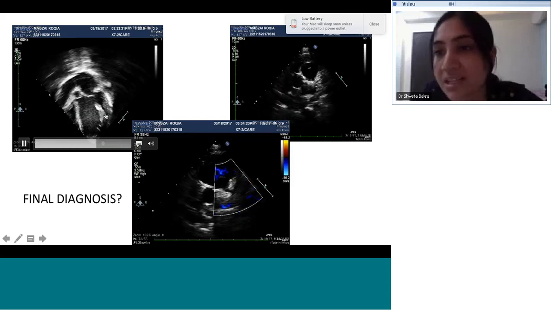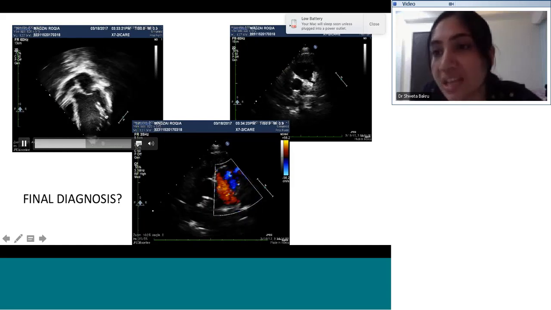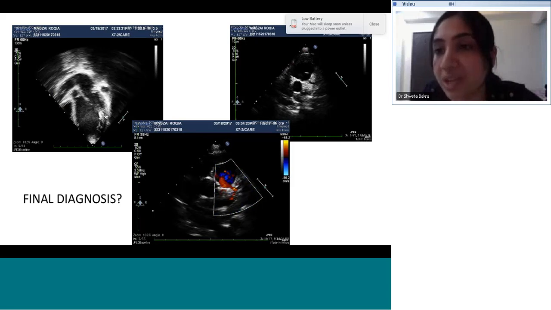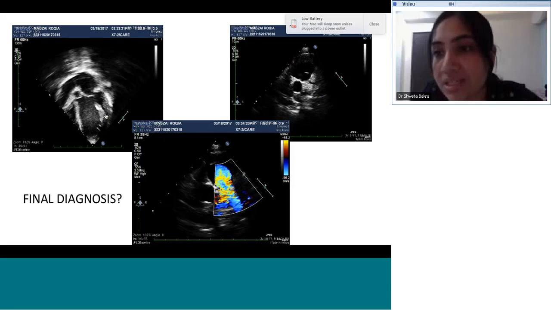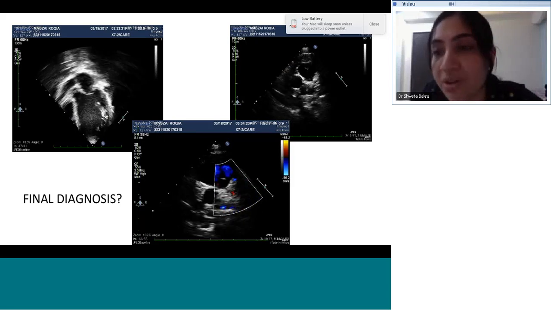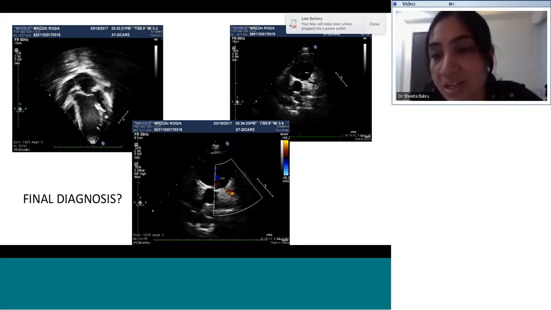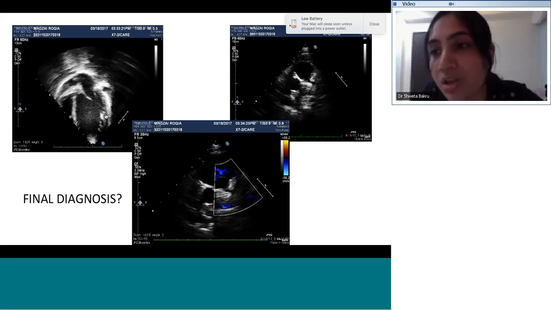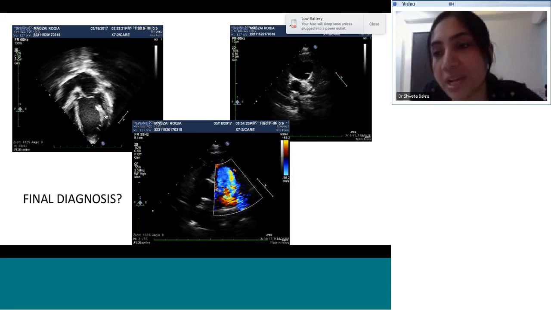So just to emphasize, not all flows seen on the ventricular septum are VSDs. Please do not forget to take Doppler there and to notice how the flow pattern is happening. They will not be uniform. You won't see any dropouts in the interventricular septum, and you are not going to visualize any crossing over from left ventricle to right ventricle.